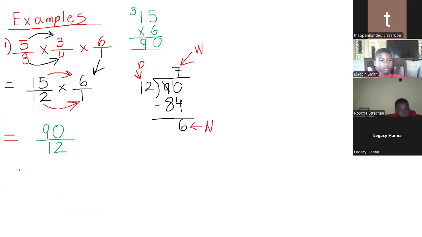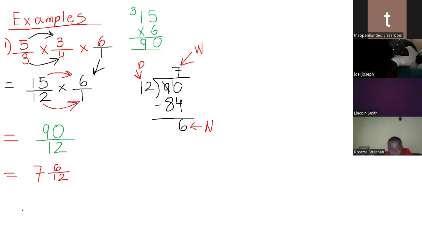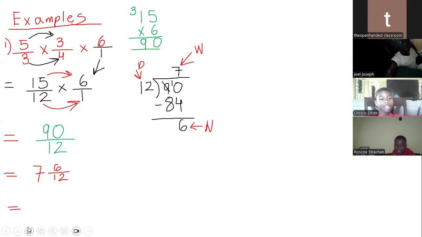By 6. So remember we have 7 and 6 over 12. No, we don't want to convert it back to an improper fraction. 7 and a half. 7 and 1 over 2. Very good.